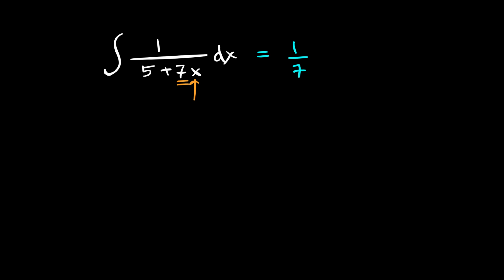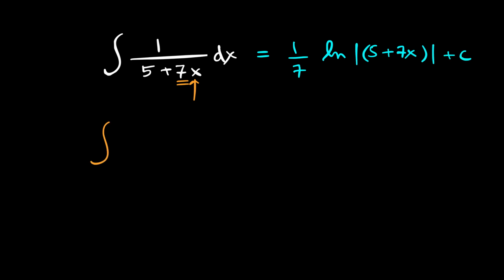Let's try out some more questions. Something like 1 over 5 plus 7x dx. The coefficient of x is 7. Therefore, the integral is 1 over 7 ln|5 + 7x| plus c.